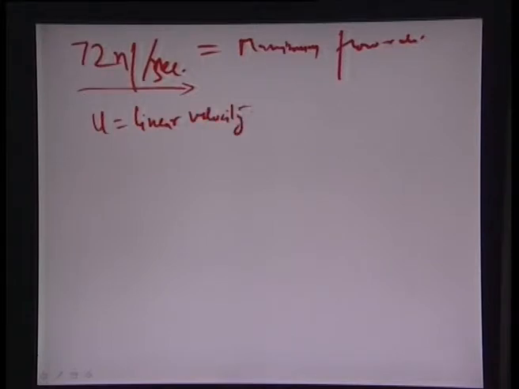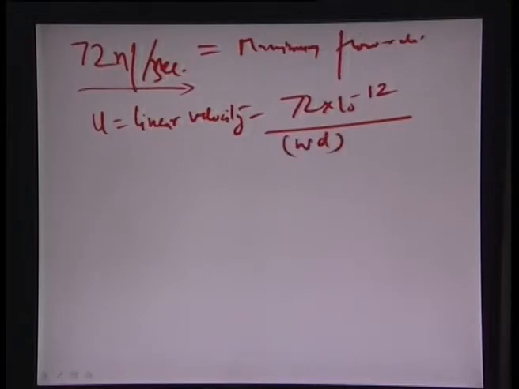So, linear velocity is actually the volume rate divided by the area of cross section, which is W into D in this particular case. D is about 40 microns and W is about 90 microns.